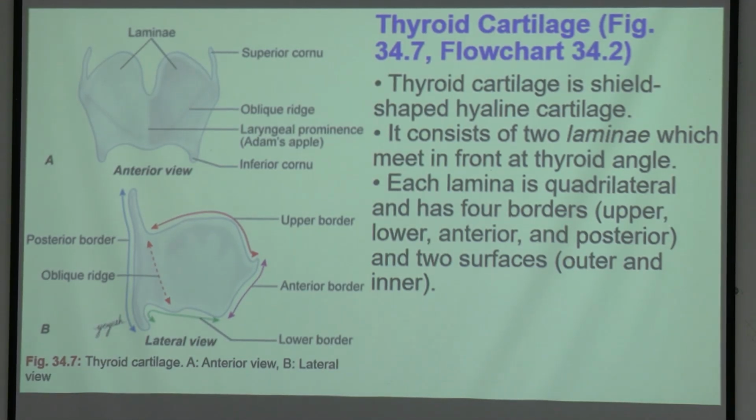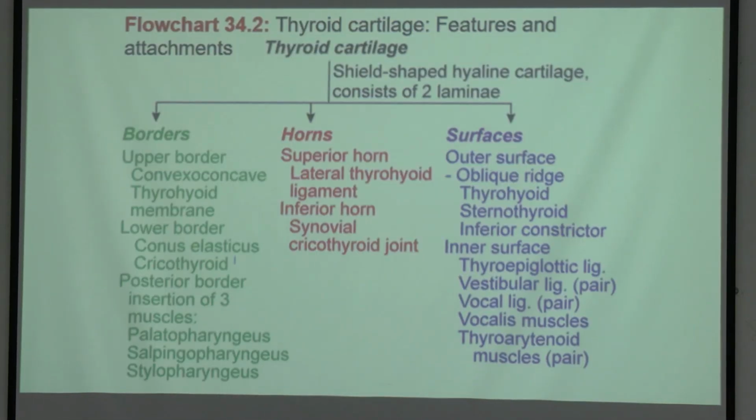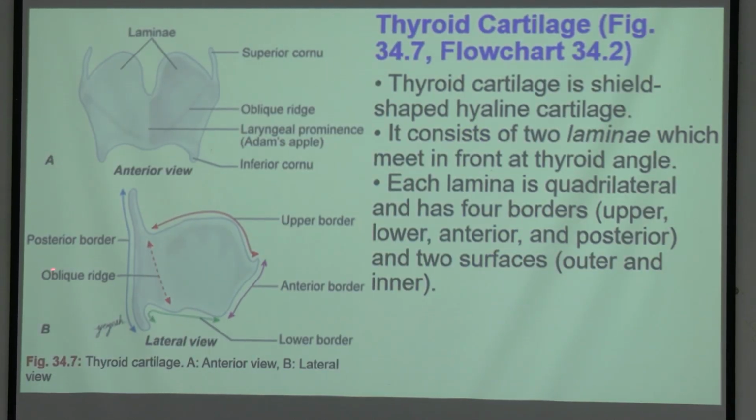So the thyroid cartilage, with upper border, lower border, anterior border, oblique ridge, and we can find the posterior border, and this is the upper horn, lower horn.